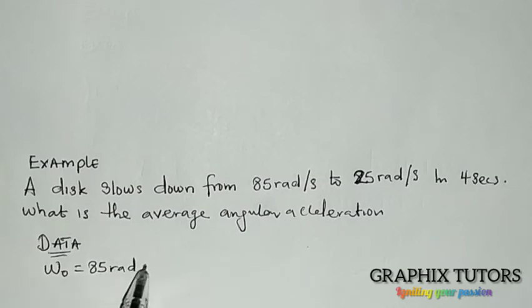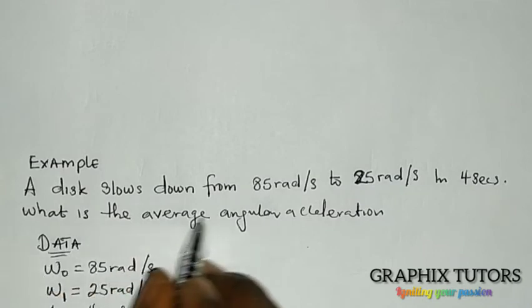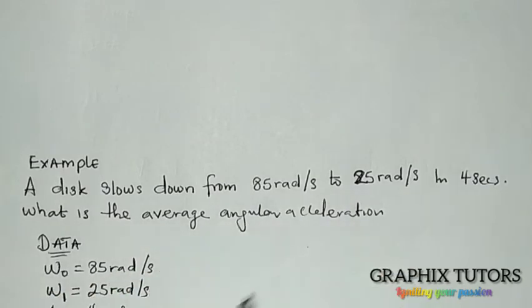Angular velocity is measured in rad per second, while velocity is measured in meter per second. Now the final is moving from this to this, which is 25 rad per second in 4 seconds. The t is given as 4 seconds, right? What is the average angular acceleration?